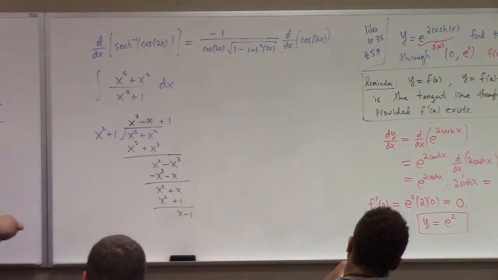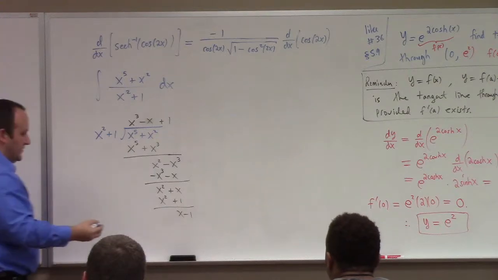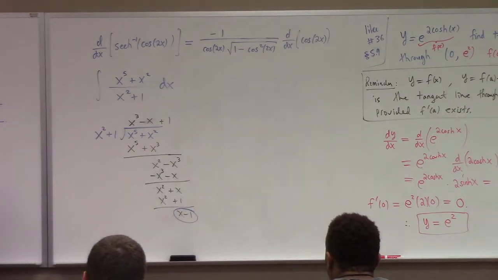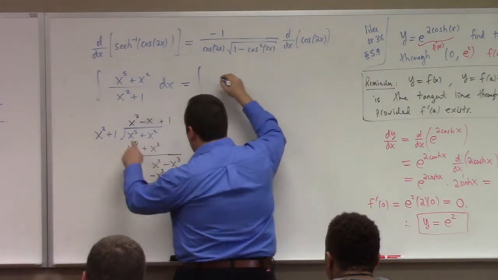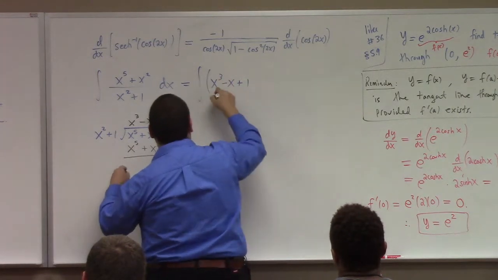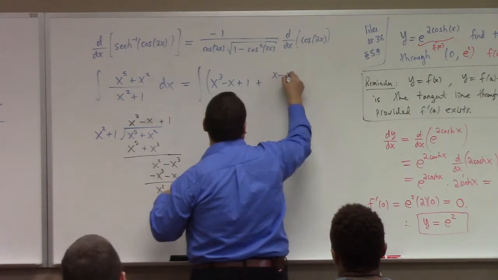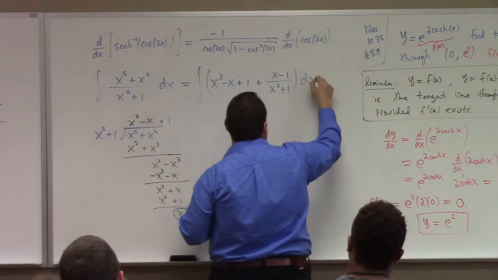Now, what I've come to here is the remainder, because this has smaller degree than the divisor, right? And so that tells me that this integral is in fact the integral of x cubed minus x plus 1 plus x minus 1 over x squared plus 1. And that we can integrate, right?